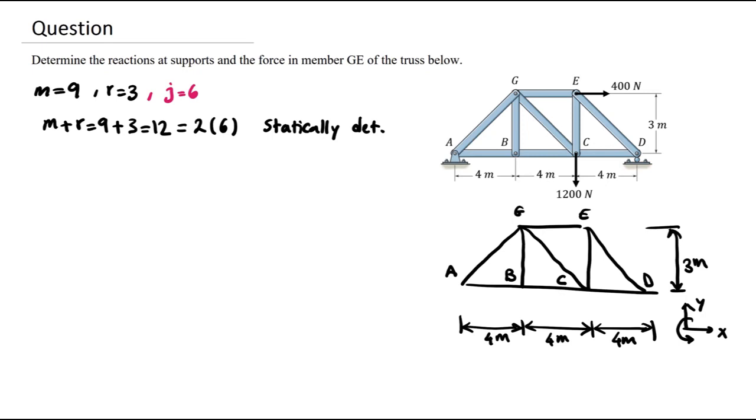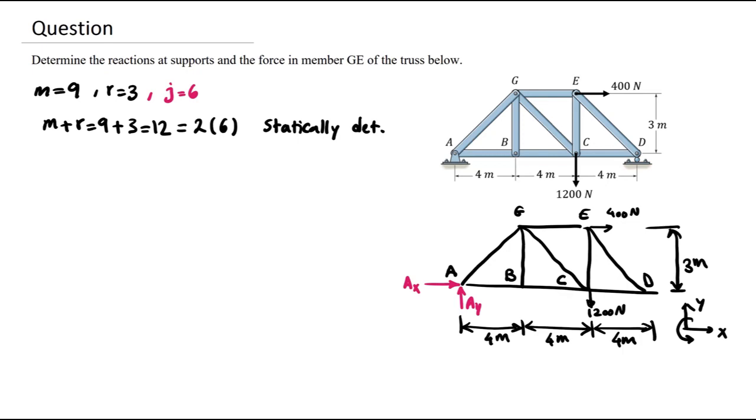I'm going to draw the external forces: 400 Newton, 1200 Newton, 2 reactions at the pinned support AX and AY. So the pinned support, like a hinge, allows rotation to occur, but no translation.